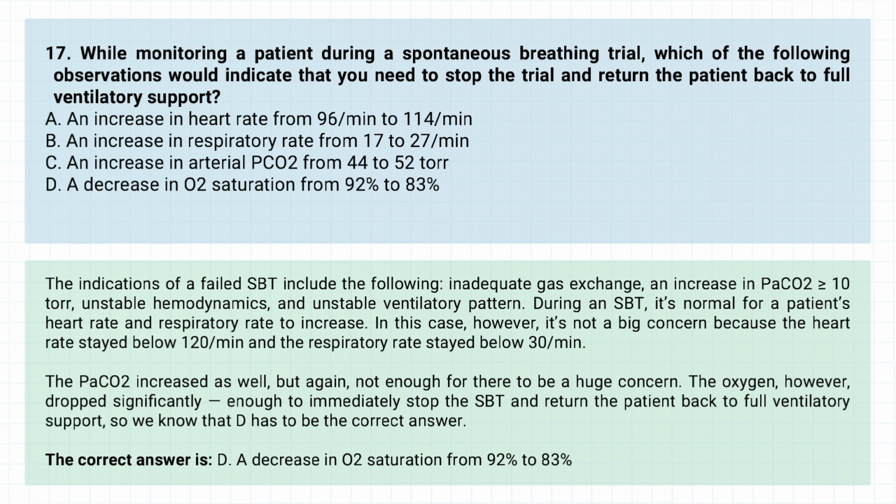The oxygen, however, dropped significantly, enough to immediately stop the spontaneous breathing trial and return the patient back to full ventilatory support. So we know that the correct answer has to be D, a decrease in oxygen saturation from 92% to 83%.